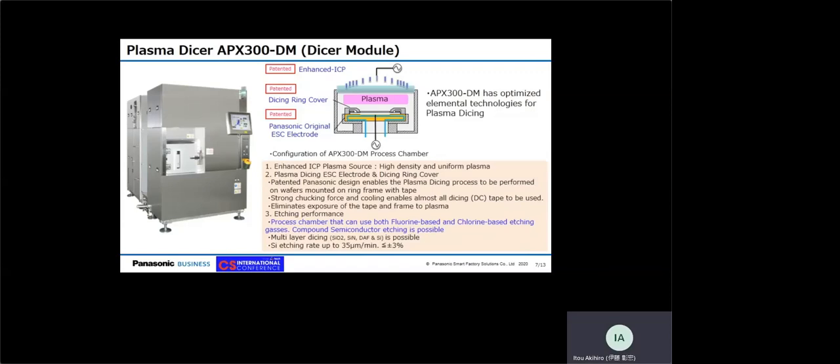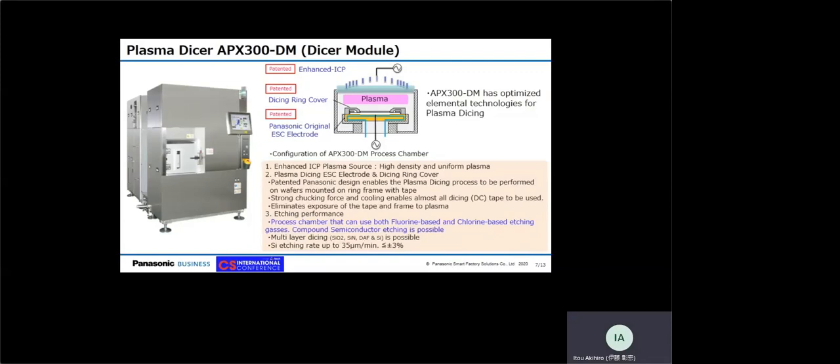Enhanced ICP plasma source has been developed from our multi-spiral coil ICP to improve plasma density and realize high-speed silicon etching. Panasonic's patented electrostatic chuck electrode for plasma dicing makes it possible to suppress damage during plasma dicing process.